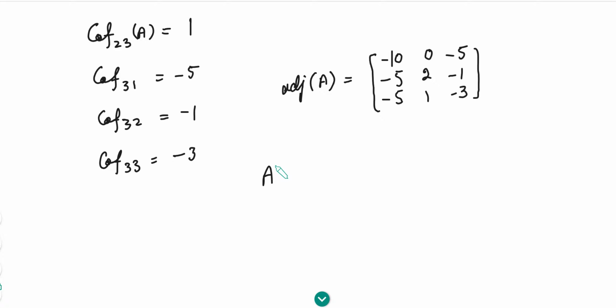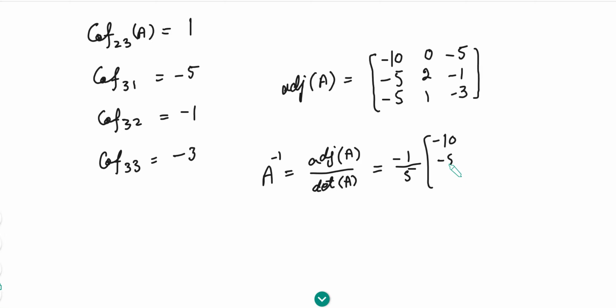A inverse is equal to the adjoint of A divided by the determinant of A. Our determinant was -5, so we will have -1 over 5 times this adjoint: -5, -5, -5, 0, 2, 1, -5, -1, -3. That is the A inverse.